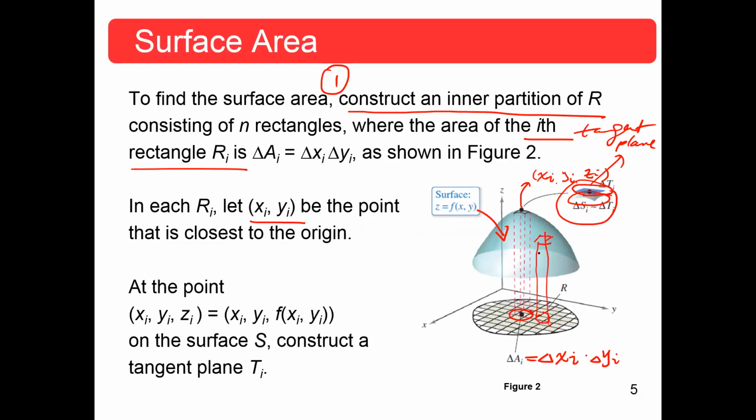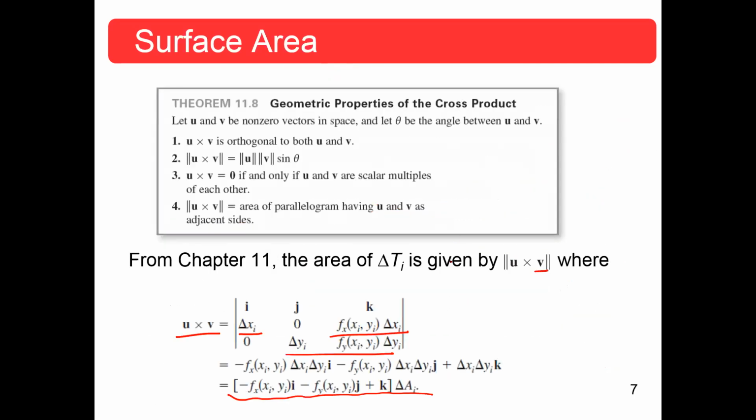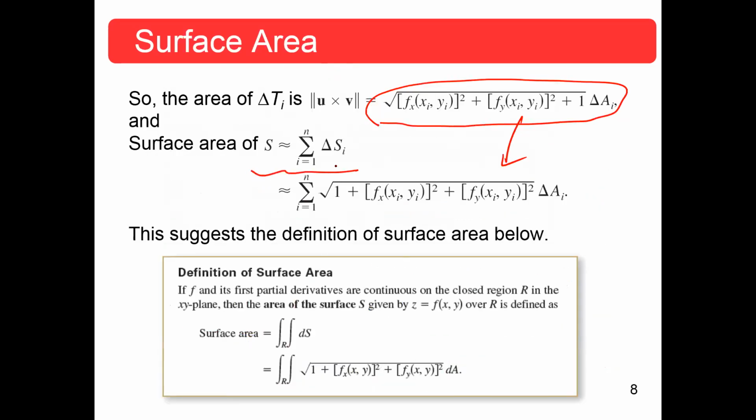Eventually we're just adding all those areas up to approximate the total area of the surface. The total area of the surface will just be the sum of all those delta S, which is what we did over here. So it's going to be the sum of this formula, square root of 1 plus partial x squared plus partial y squared times delta A_i.